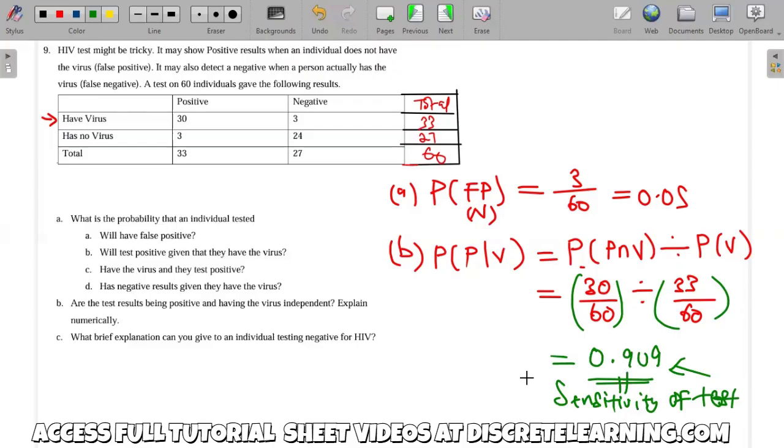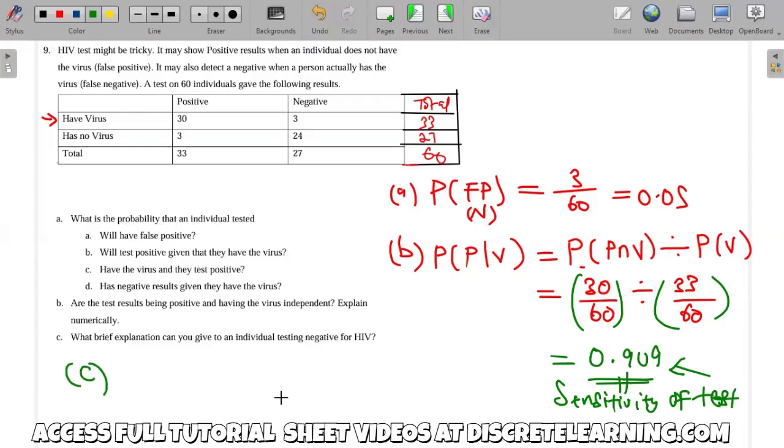Sometimes they just say the sensitivity of the test is this. So in your interpretation, you have to know that sensitivity means the probability of positive given that you have the virus. I thought it was important to mention that.